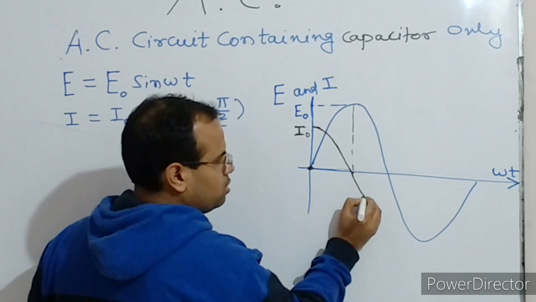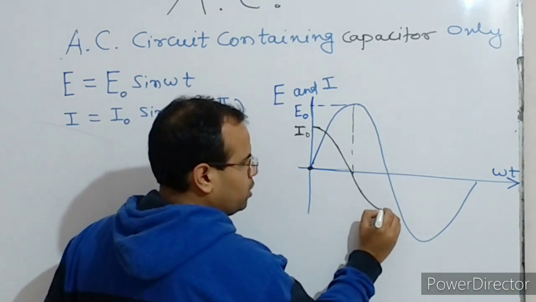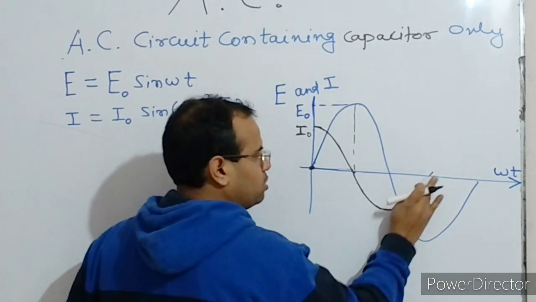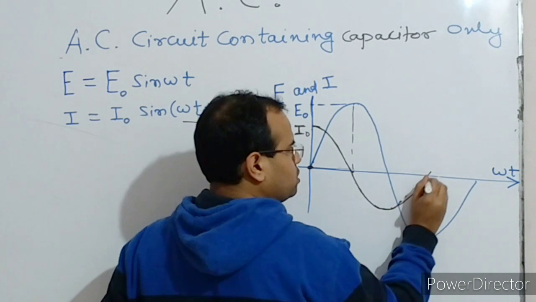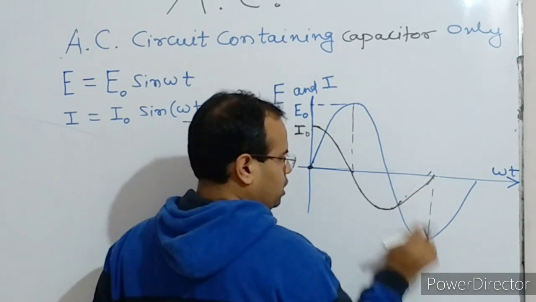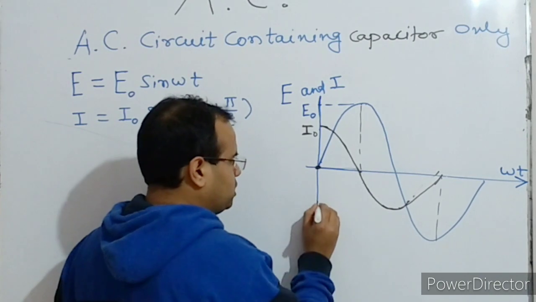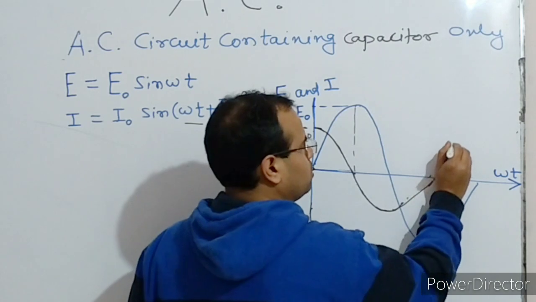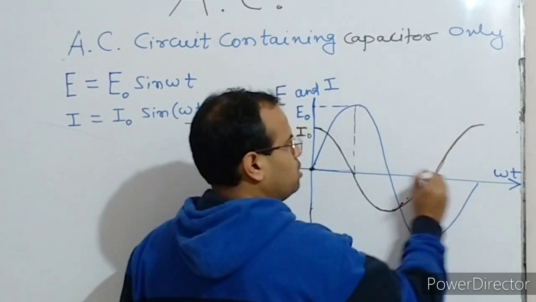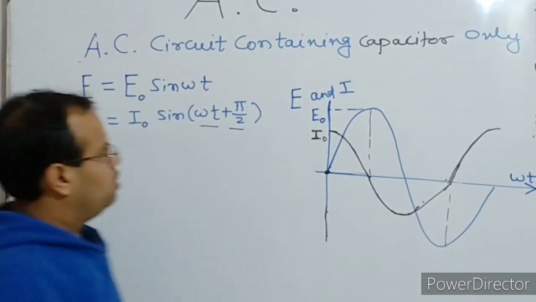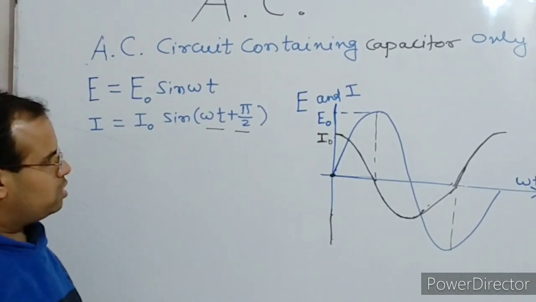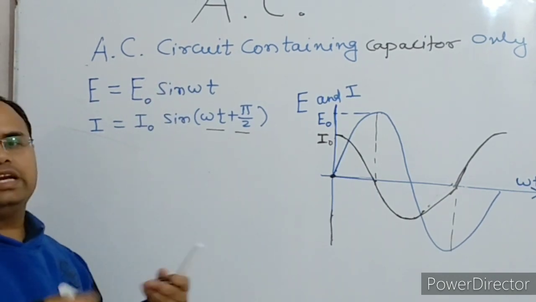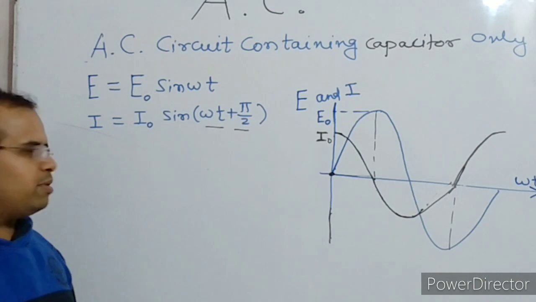Now it is decreasing, and then it becomes minimum here, then again it increases, becomes 0 somewhere here where EMF has the maximum value in the opposite direction, and finally it goes like this. So this is how the current varies when only a capacitor is connected. So current is actually leading the EMF by pi by 2 angle.